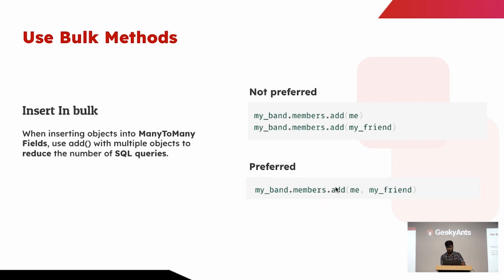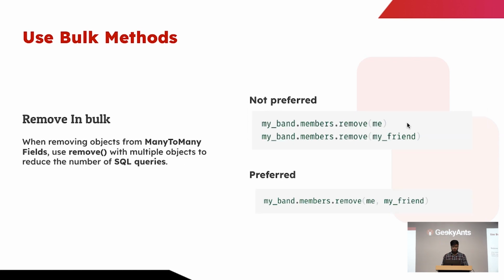Similarly, insert: very straightforward, the same concept. Instead of doing it one by one, just do it at once. Same with remove as well. Whenever you're deleting stuff, don't remove individually, just use the bulk method.